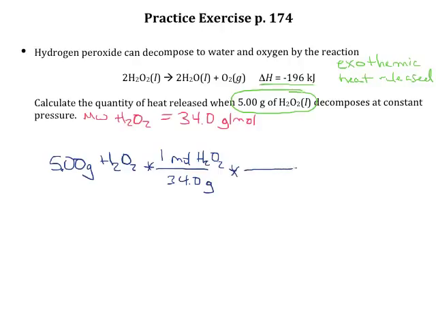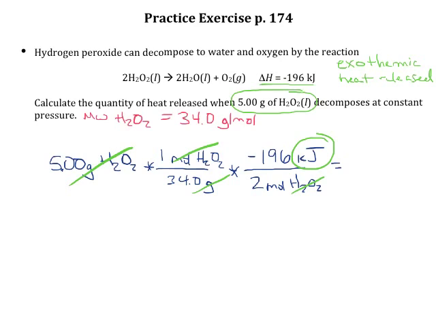And we also know that for every 2 moles of H2O2 that are decomposed, and again I know it's 2 based on that balanced reaction, we release 196 kilojoules of heat. So our grams cancel, our moles cancel, and we're left in units of kilojoules.